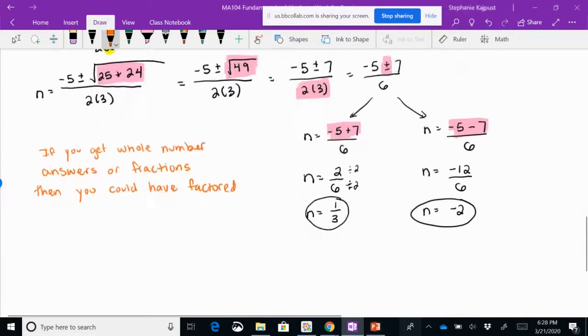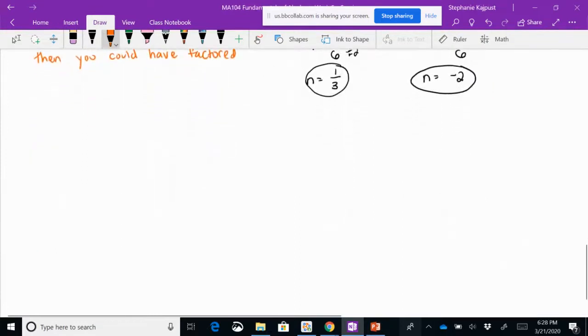Okay. We've got another example. This one is going to be a little interesting. So let's have x squared minus 6x plus 9 equals 0.